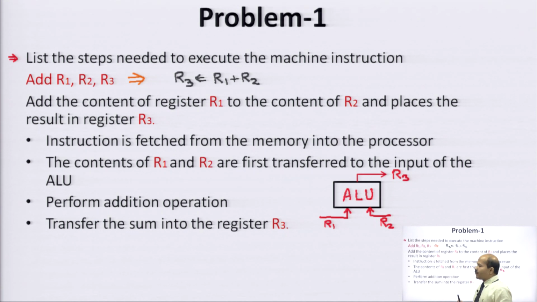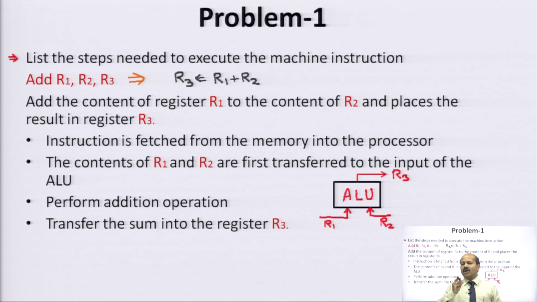So, how will this instruction be executed in the processor, and what are the necessary steps required to execute it? First, as we know, this instruction is stored in main memory. We need to fetch this instruction from the main memory. So, the first step is that the instruction is fetched from the main memory into the processor. So, how is this instruction fetched?